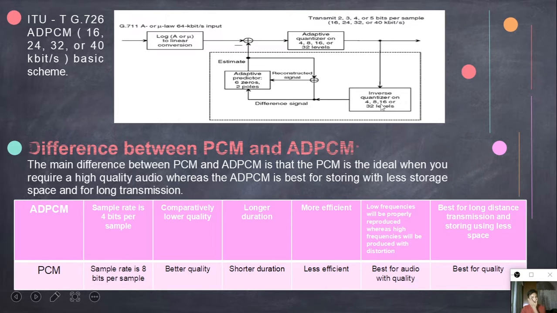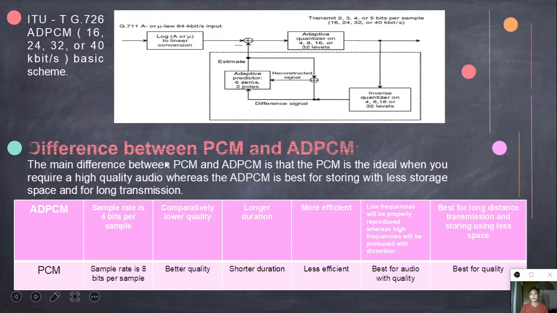Then it proceeds to the inverse quantizer on 4, 8, 16, or 32 levels. Then it proceeds to the difference signal, to the adaptive predictor, 6 zeros and 2 poles, and reconstructs the signal, and it goes to estimate using the adaptive quantizer for each 16 or 32 level and on its output. So it transmits 2, 3, 4, or 5 bits per sample, 16, 24, 32, or 40 kilobits.